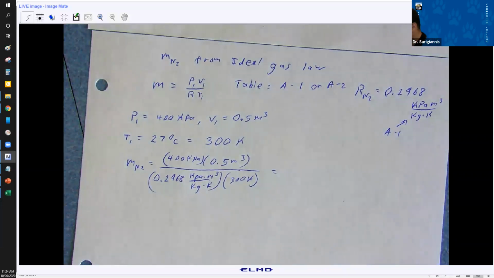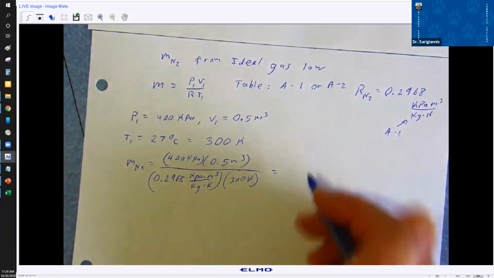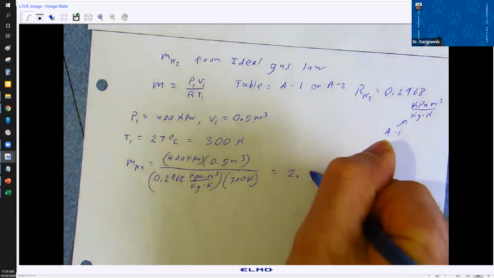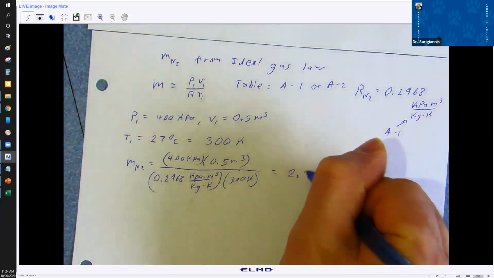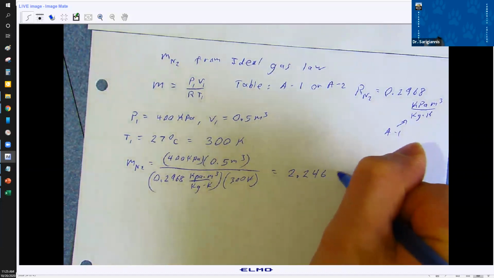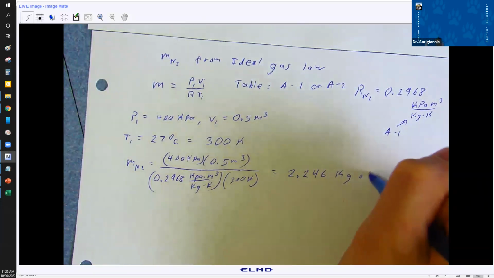I changed my gas constant slightly, so 400 times 0.5 divided by 300 divided by 0.2968 gives me 2.246 kilograms of nitrogen.